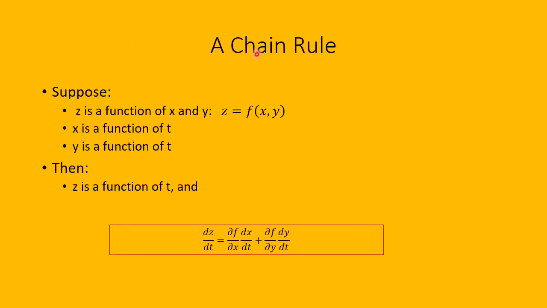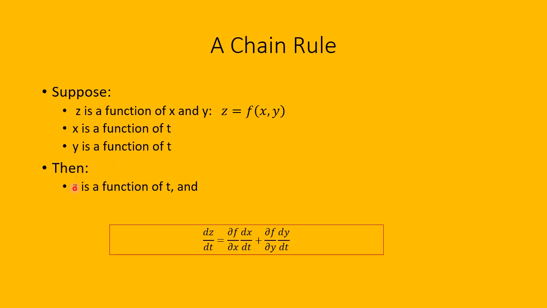Here is a chain rule involving partial derivatives. Let's suppose that z is a function of x and y, so z is f of x, y. Let's suppose that x is a function of the variable t, and y is also a function of the variable t.